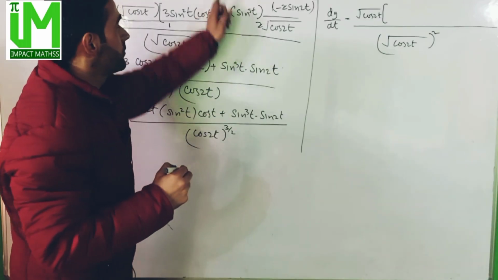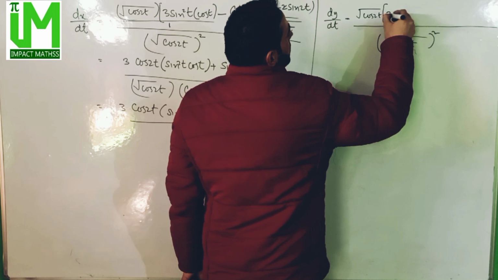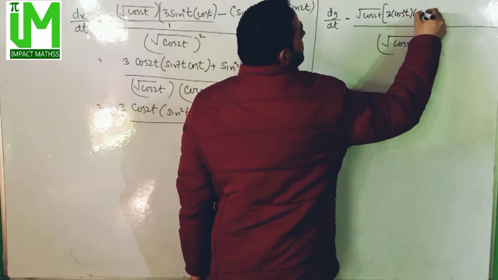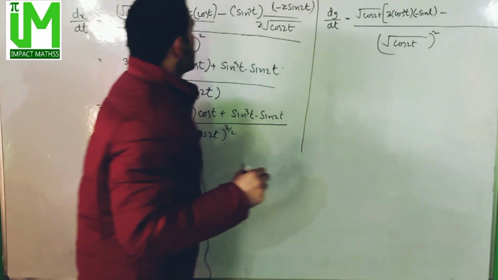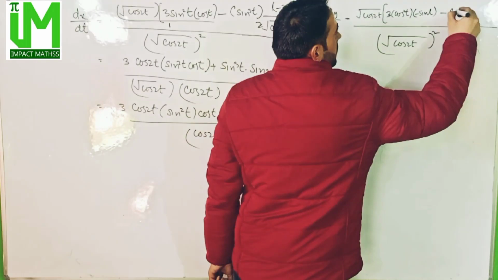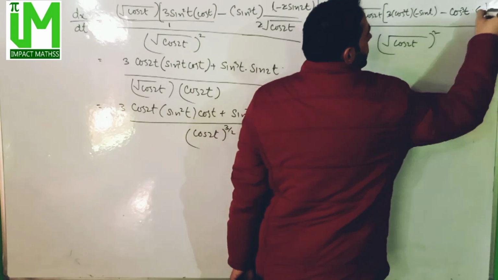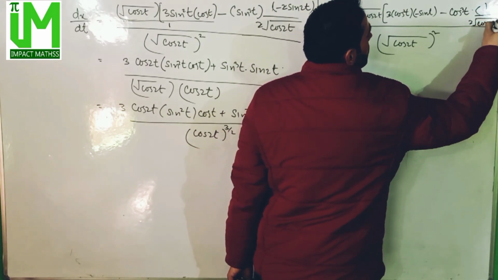What is the differentiation of numerator? Cos cube t, so it will be 3 cos square t into minus sin t, minus times. After that cos cube t as it is, into 1 divided by twice under root of cos of 2t.